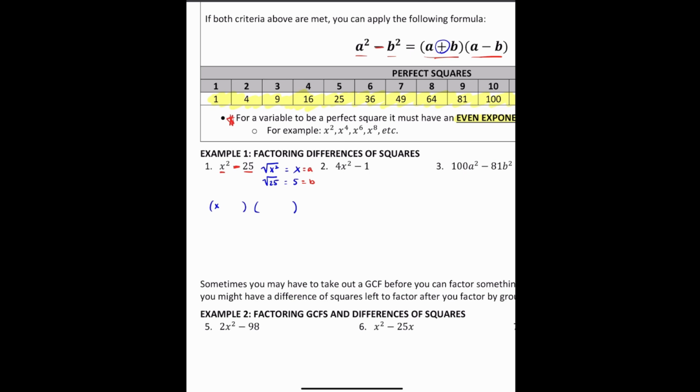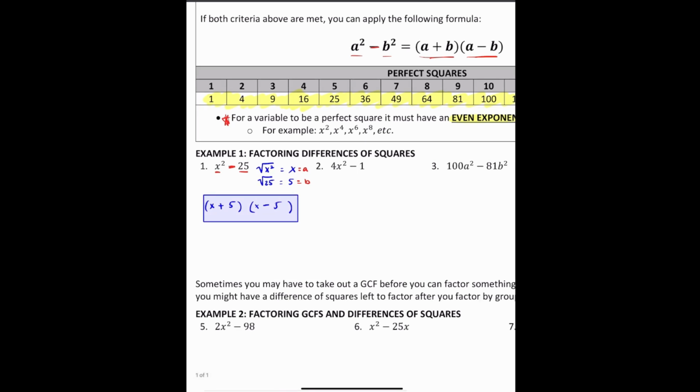Then we have a plus sign, plus b, which is 5. And then for the other, that would be x minus, because this other one has a minus sign, and our b value is 5. So x plus 5 times the quantity of x minus 5.